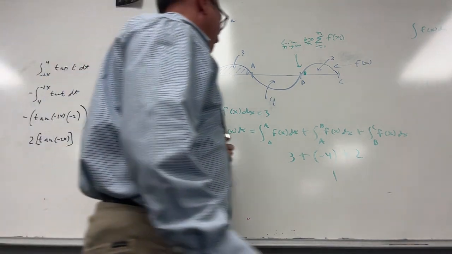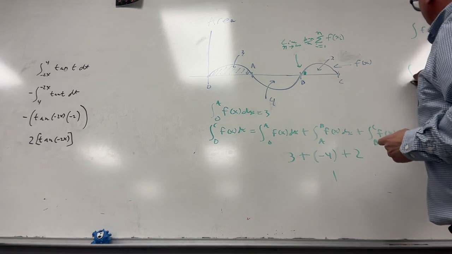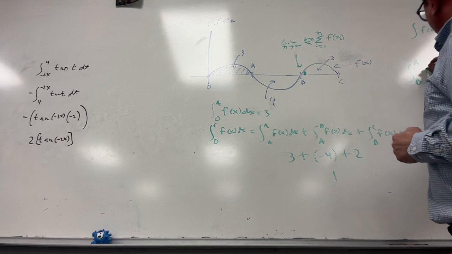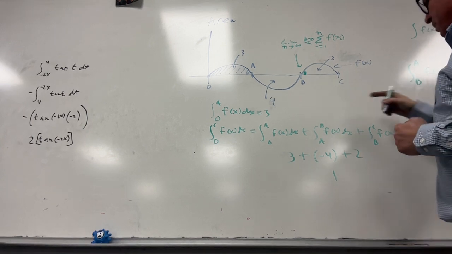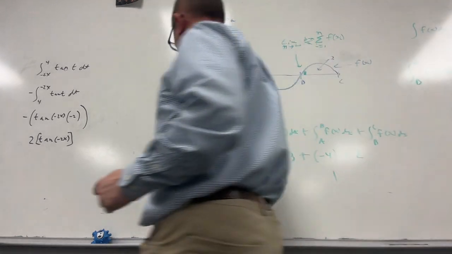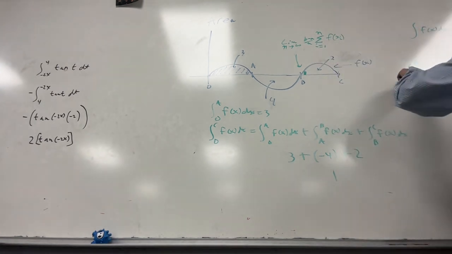Now, we can work backwards from here. If I want to know the integral from b to a of f of x dx, well, I know that that is equal to the negative of a to b, right?